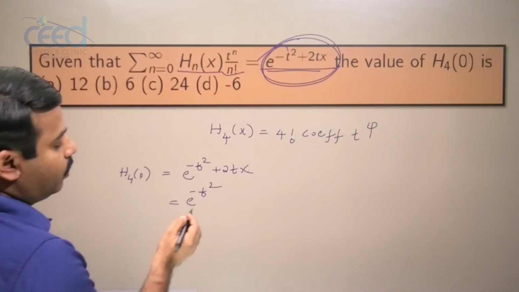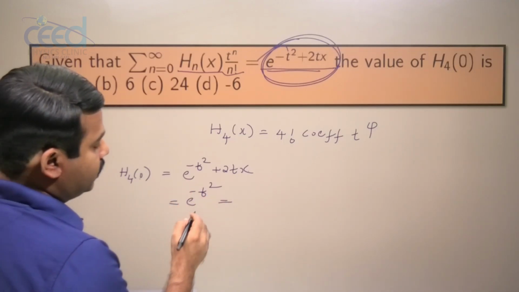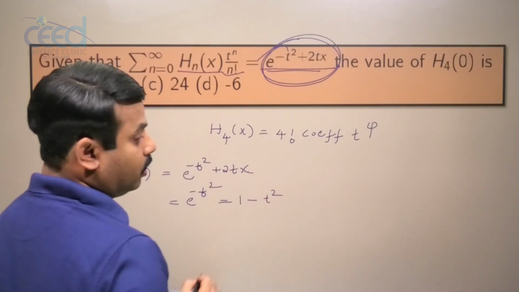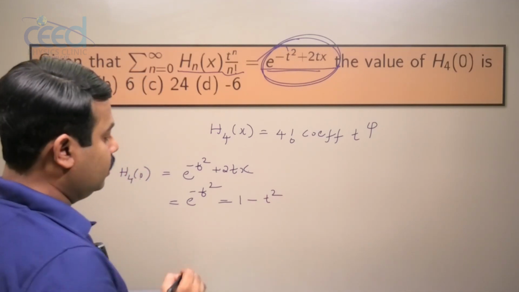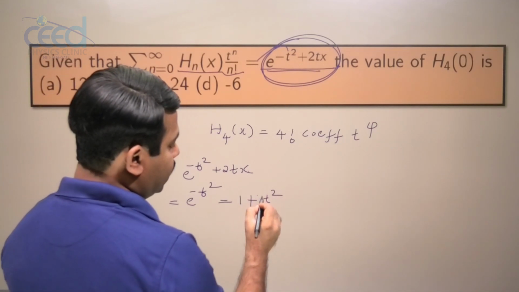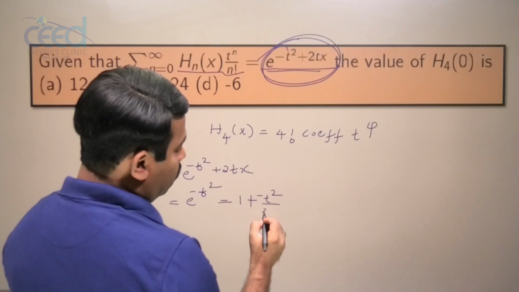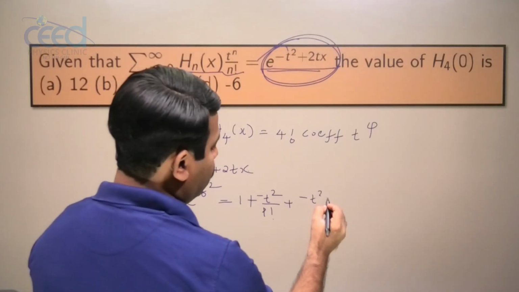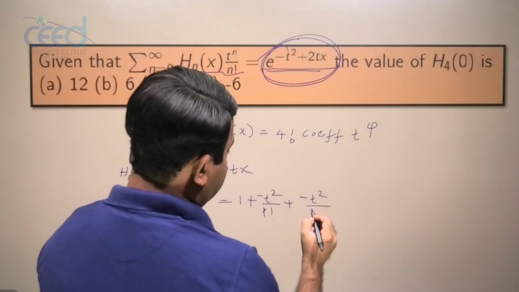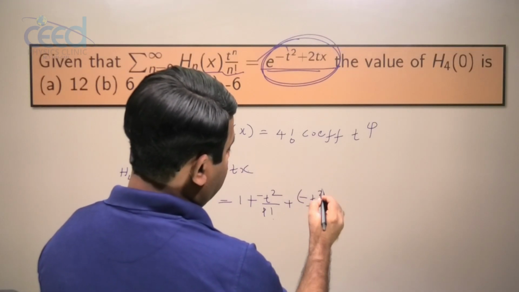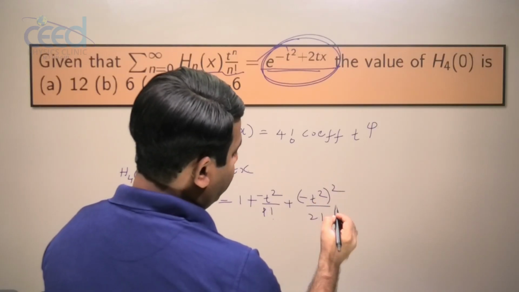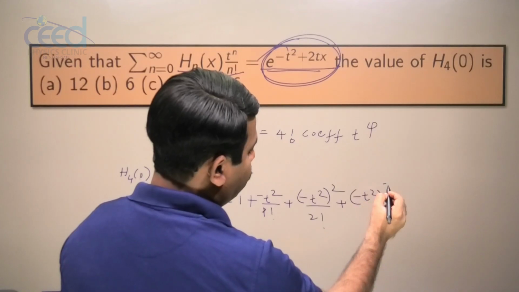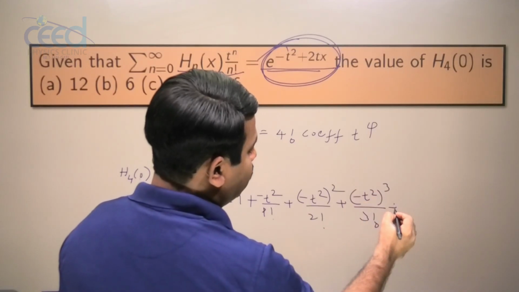What is the e raised to minus t square expansion? That is the Taylor series expansion: 1 plus (minus t square) by 1 factorial plus (minus t square) whole square by 2 factorial plus (minus t square) whole cube divided by 3 factorial plus etc.